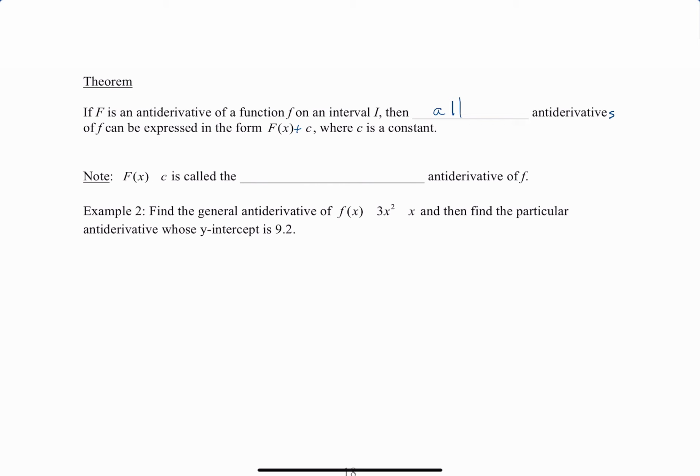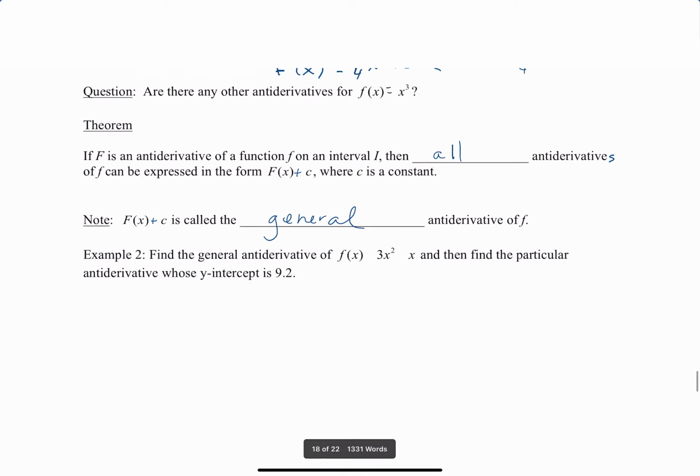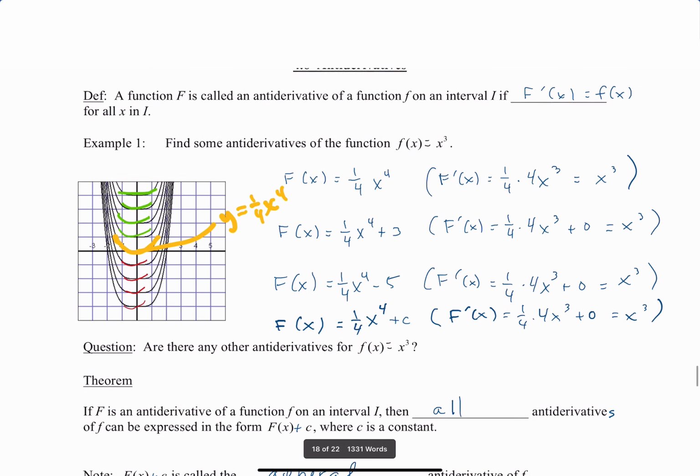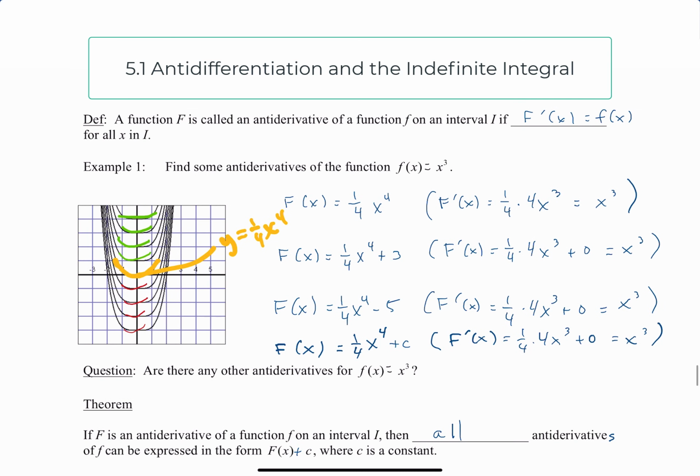By the way, capital F of x plus c is called the general antiderivative of little f. So we just saw that if you start with a function little f and ask yourself, what function could I differentiate to get this little f? In other words, what all antiderivatives are there?